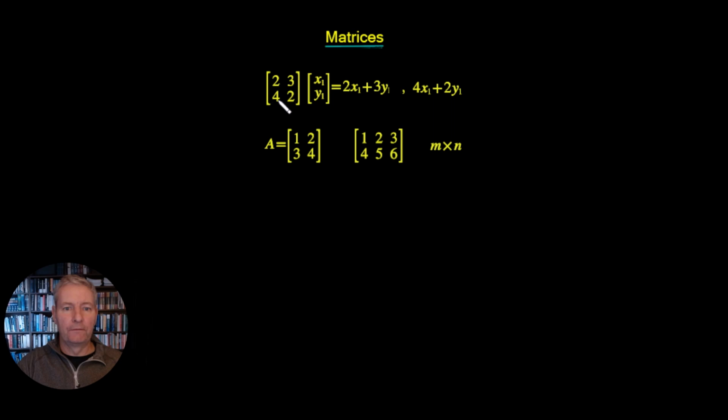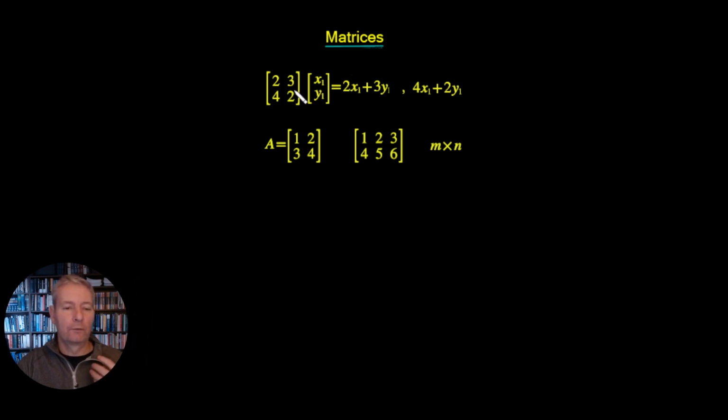And then it will be 4 times x1 plus 2 times y1, and you'll get this linear equation here. So it means that we can represent these sets of 2 linear equations very succinctly and very neatly within this matrix. So this is a nice, neat way for us to represent this bit of algebra.